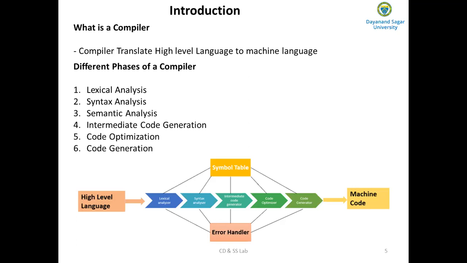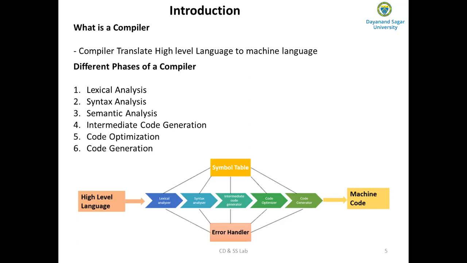So what is the function of this lexical analyzer? The lexical analyzer is the first phase of a compiler. Its function is to read the source program character by character and translate it into a sequence of tokens. That is the job of the lexical analysis.